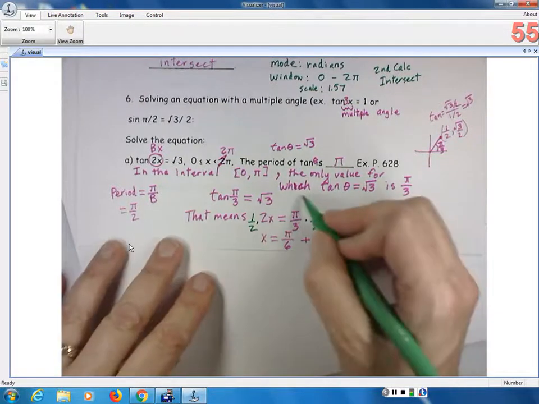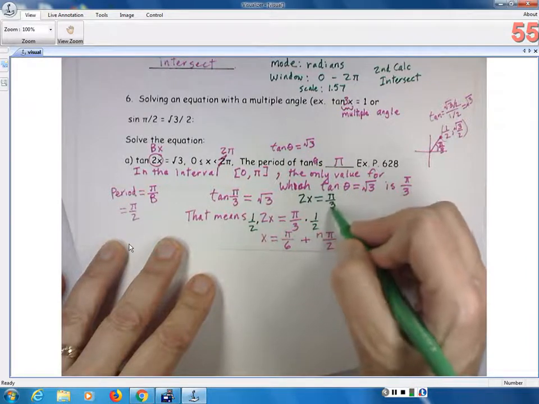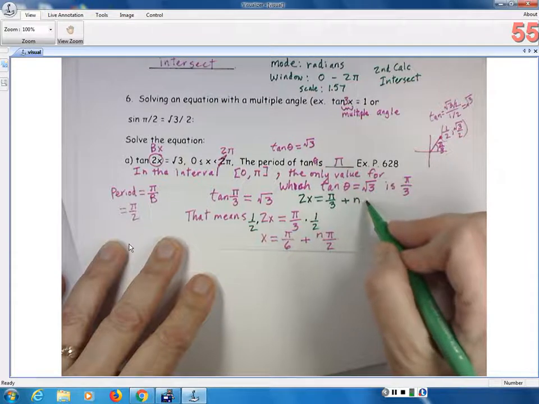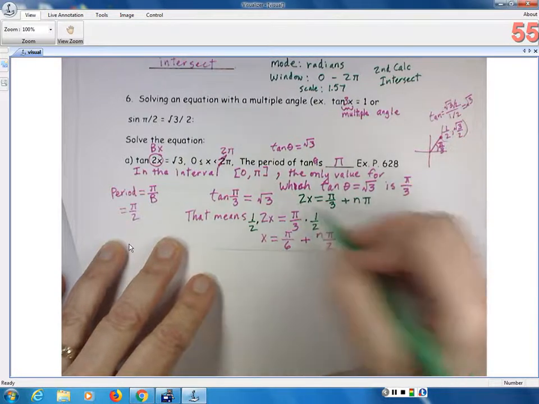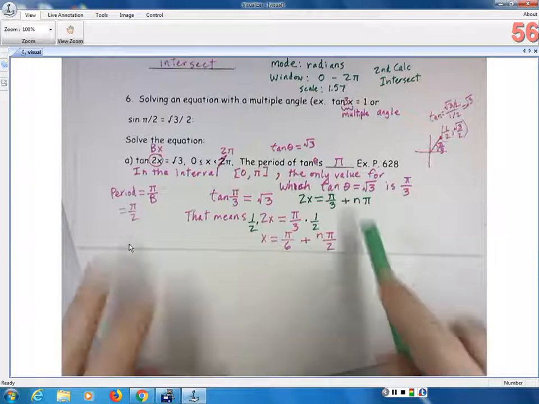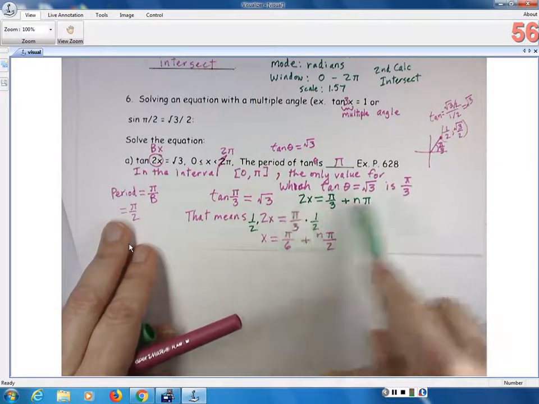You had 2x equals pi over 3, and the period of tangent is pi, so that's plus n pi. And then we could have multiplied everything by a half, and we get the same thing. Those are my filled-in notes. So you could add the n pi here, and then divide everything by 2, and you get this.